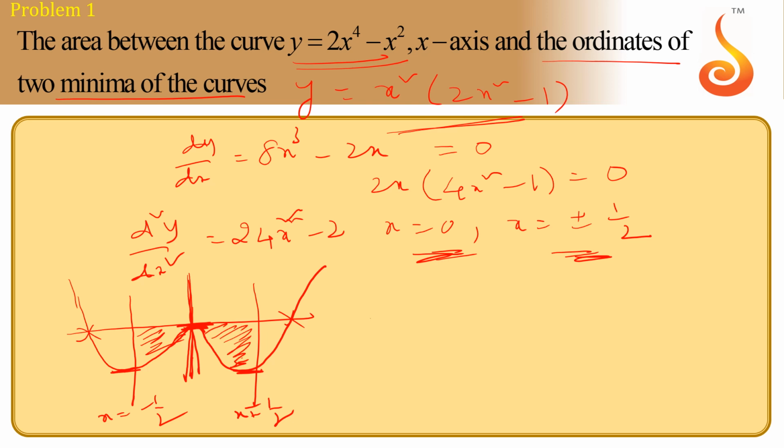As it is symmetric, the required area will be 2 times the integral from 0 to 1 by 2 of the function, 2x⁴ minus x², but since it is below the axis, we use the modulus, dx. So solve it. You will get the required area.